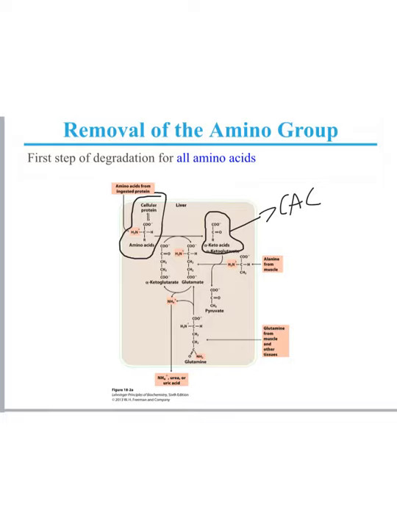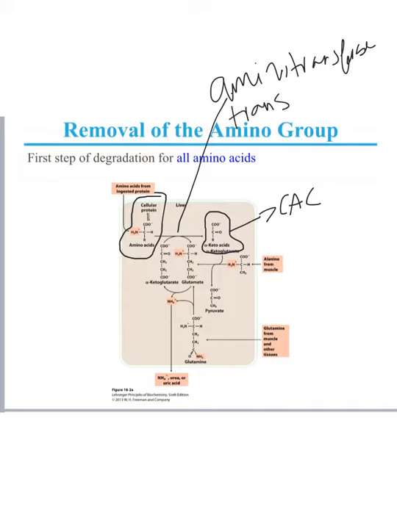The enzymes that catalyze this reaction are either aminotransferases or transaminases. We'll talk a little more about these specific enzymes in a minute, but you've heard the names of these enzymes before as we've gone through some of the metabolic pathways.